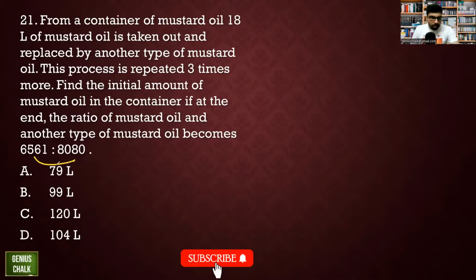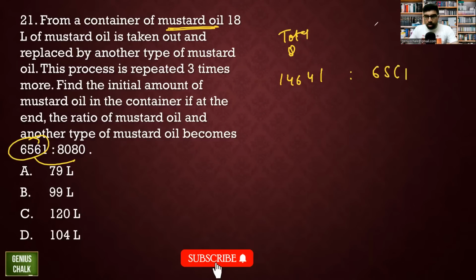Total, if you add, it will be 14641. So this was the total vessel, the total quantity of mustard oil. Okay, the first one. And now I am left with 6561. This is the mustard quantity left. Okay, this is mustard.